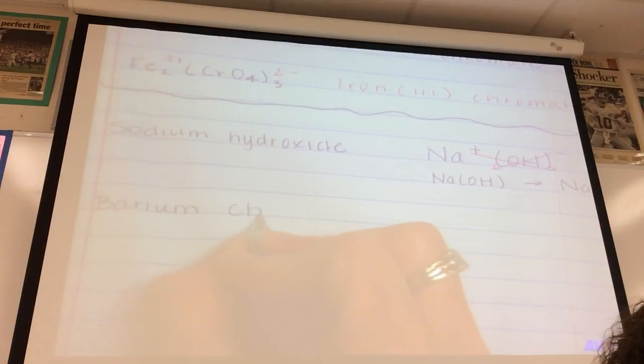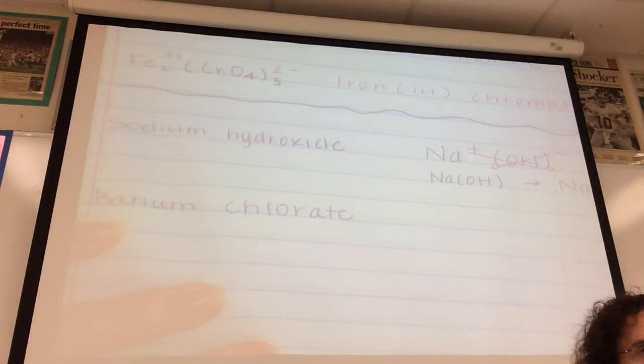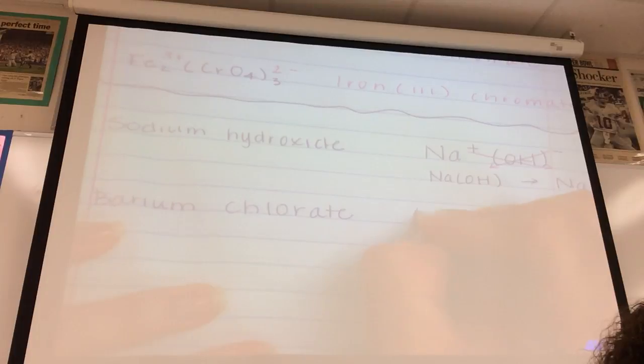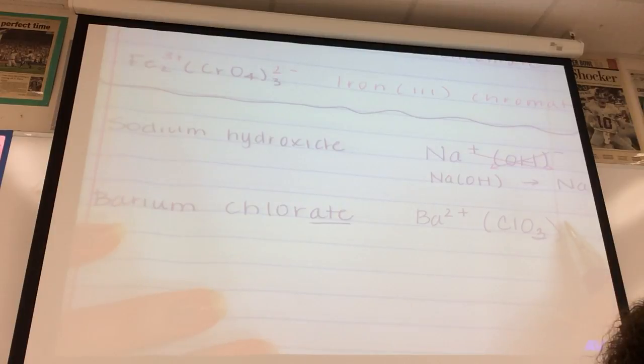The next one says barium chlorate. Barium's in group 2. What would its charge be? 2 plus. Chlorate, is it polyatomic? It ends in ate. What's chlorate? ClO3, we put it in parentheses and its charge is 1 minus.